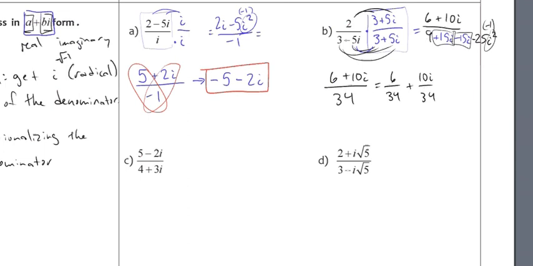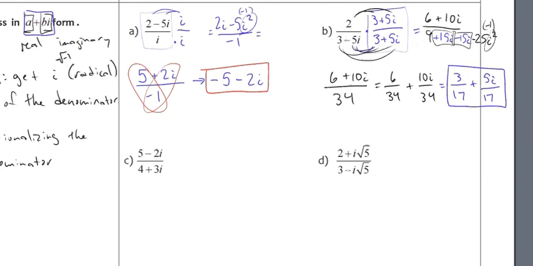And reduce each of these, we get, let's see, 6 divided by 34, 2 goes in each of those, so 3/17 plus 5i/17. There's our real and imaginary numbers made explicit there. All right.